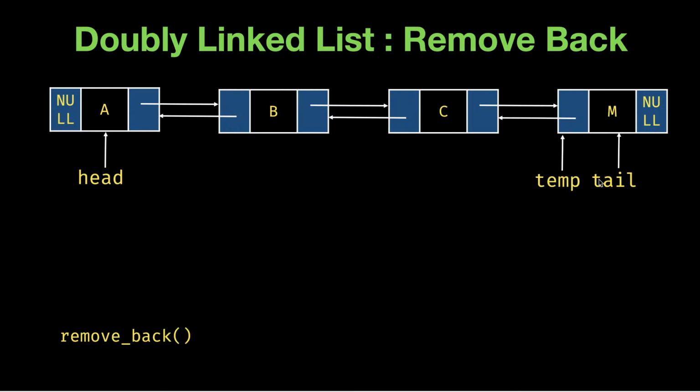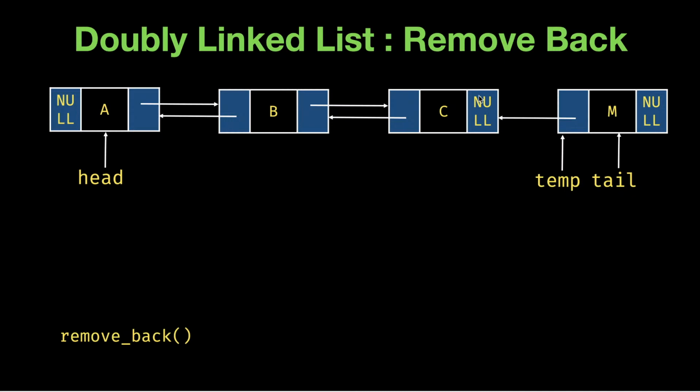First of all, we hold the last node with a temp pointer, and we do not have to start from the beginning and go to the end, because we already have the reference to the last node in our doubly linked list.